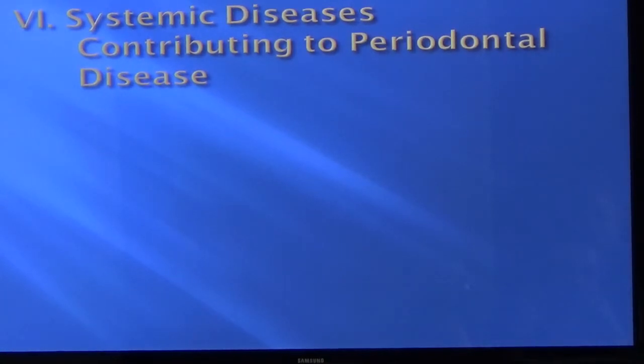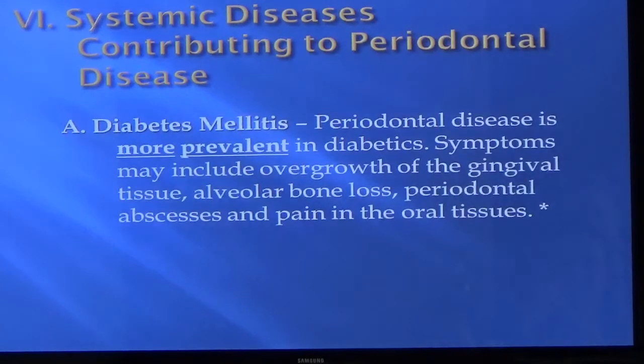Systemic diseases contributing to periodontal disease. Again, some systemic problems. We talked about diabetes. Periodontal disease is very prevalent in diabetics. Symptoms may include overgrowth of the gingiva, alveolar bone loss, periodontal abscesses, and pain.